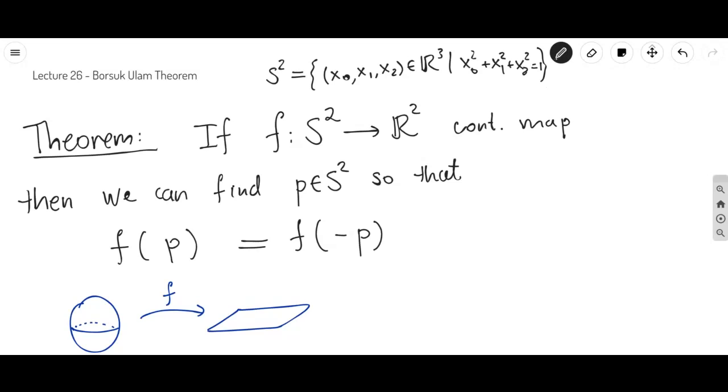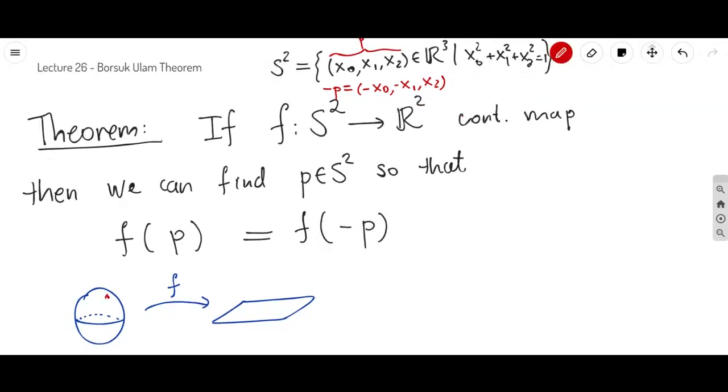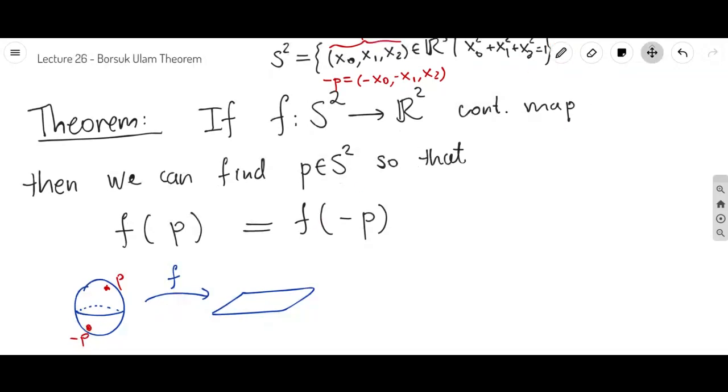So if you call that P, the negative P is just what you get when you make all of these coordinates negative. So on the picture, what we're saying is you can find the point P somewhere, and the point that's opposite of it, that would be negative P.